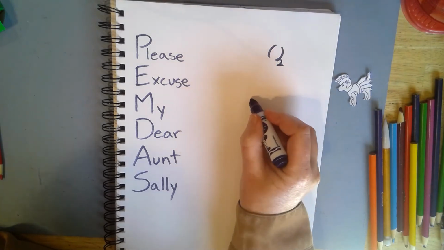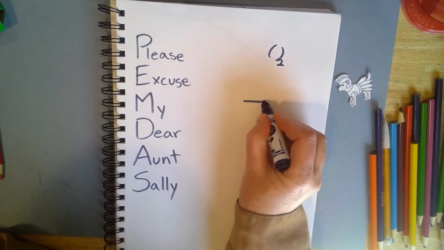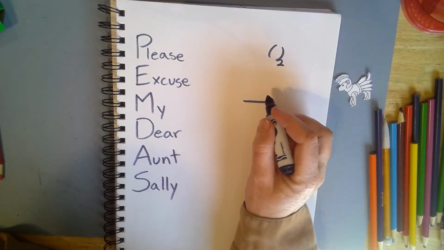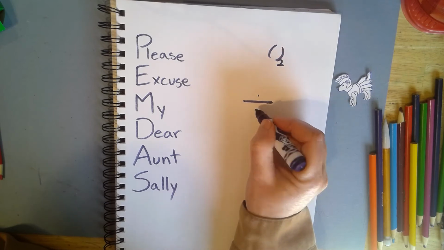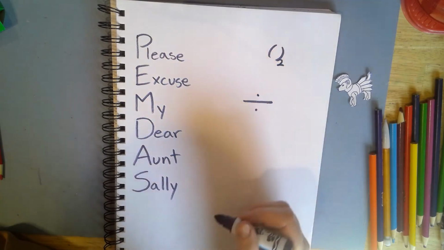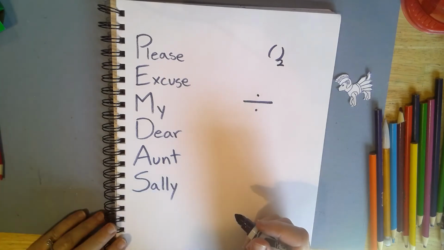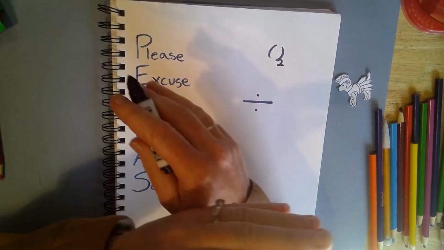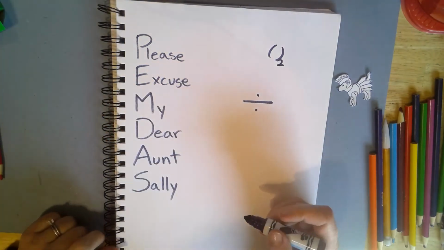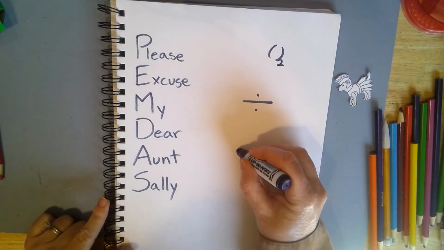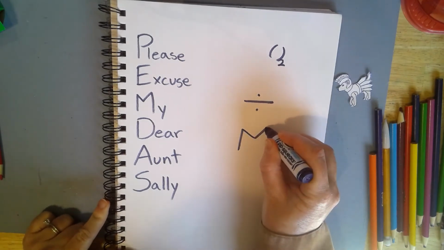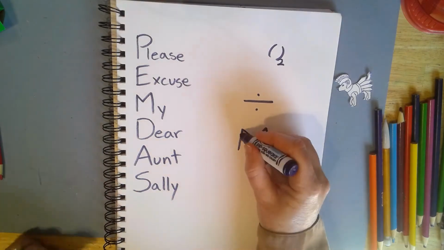We're going to come down some and we're going to have division, which is the fourth one. Might get a little ahead of myself, but you're going to see why in just a second. Now we're not going to use an X for multiplication because I found it was just too hard. So instead we're going to have an M down here.